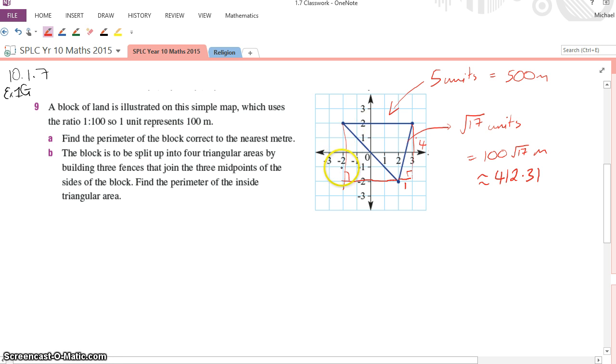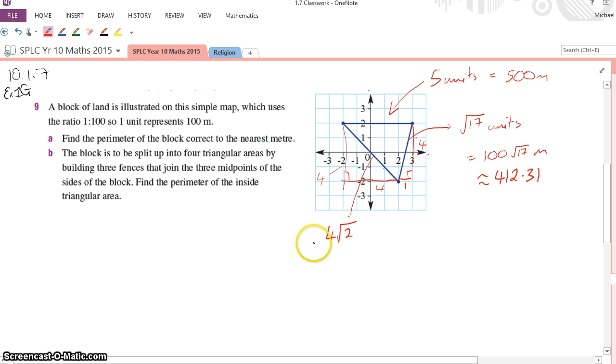Last one, I've got 1, 2, 3, 4 going down, 1, 2, 3, 4 going across. If you know your Pythagoras' theorem really well, you'll know straight away that that's 4 root 2. You might remember that from your trigonometry with your 45 degree triangle. If not, put it into Pythagoras' theorem, you'll get the same answer.